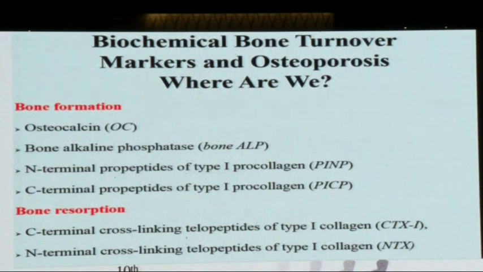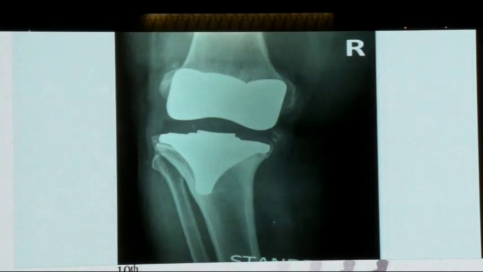Now, the biochemical turnover markers become important when we treat the patients for osteoporosis, and the most commonly used are PINP, PICP for bone formation, and for bone resorption, CTX1 and NTX1.